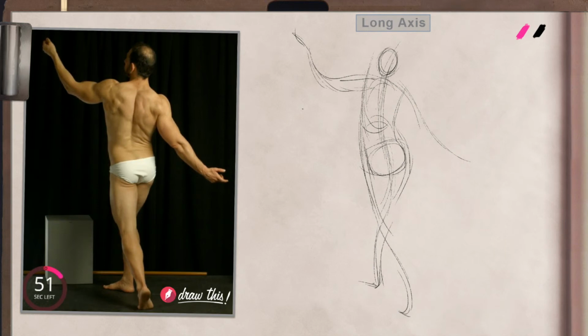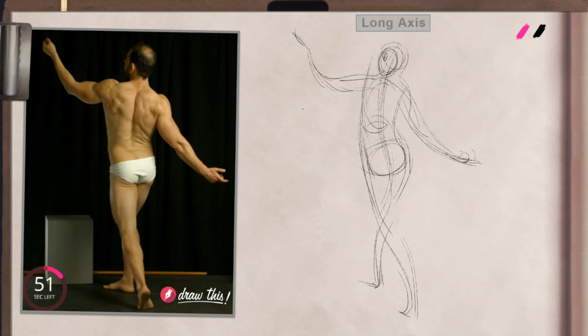I'm basically looking for ways to describe this arm in more of a curved fashion. And if I had a timer, this was a 1 minute timer, I'd pretty much be done. I can kind of sense the time here.